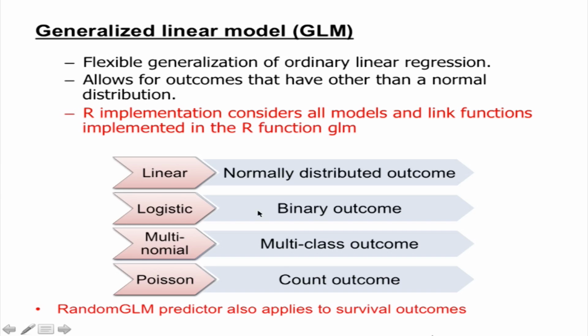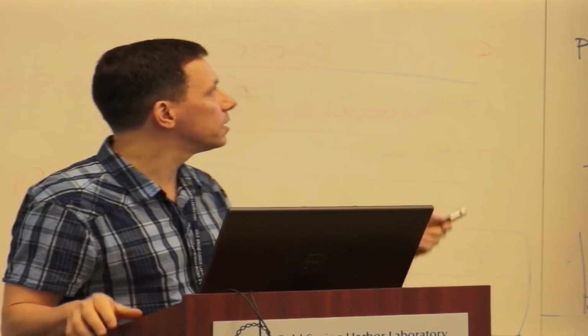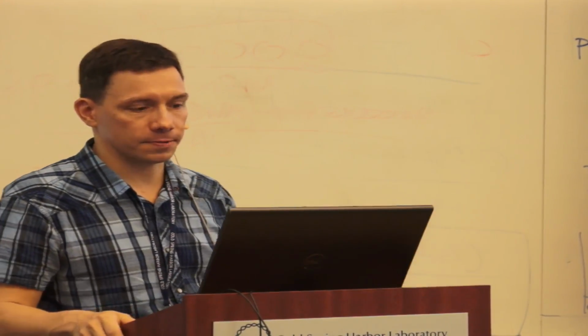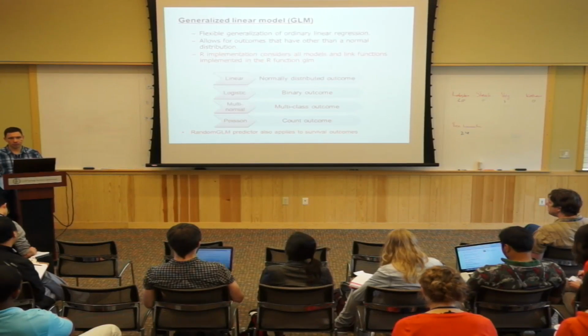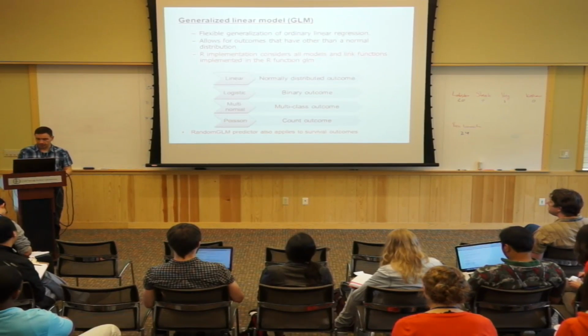But there are also other methods called Poisson regression and multinomial models and so on. And all of these models can be summarized in a whole class of models, which is called generalized linear models. And so the predictor that I will describe essentially creates an ensemble of generalized linear models.